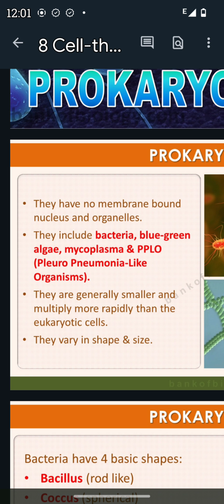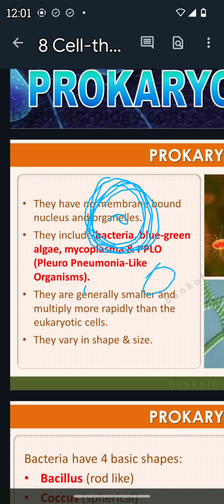Our total body is protected by the skin. In the same way, the cell also has a membrane, called the plasma membrane, which protects it. Even the organelles present in the cell, like the nucleus and Golgi apparatus, have their own membranes. This they don't have.